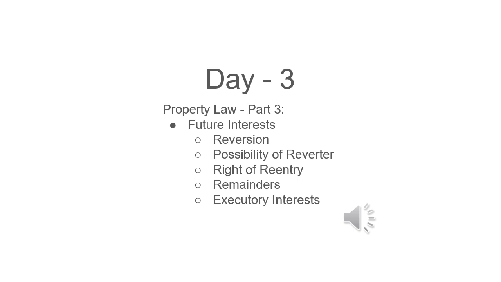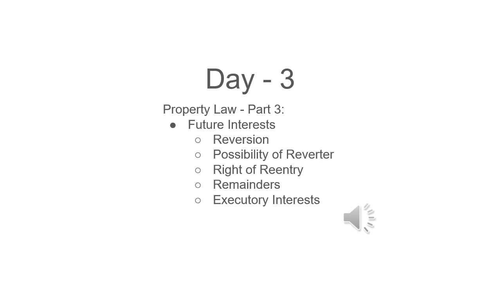Now, the remainder can be either a vested remainder or a contingent remainder. A vested remainder is not subject to any conditions and has an ascertainable, known grantee. These may be either vested subject to open or vested subject to complete divestiture. A vested subject to open is a vested remainder in a grantee where other grantees may become vested and share in the grant.